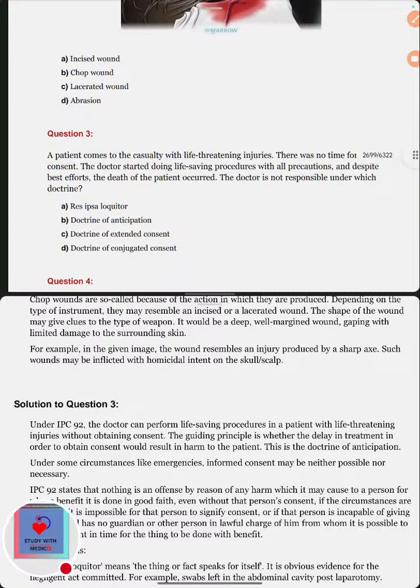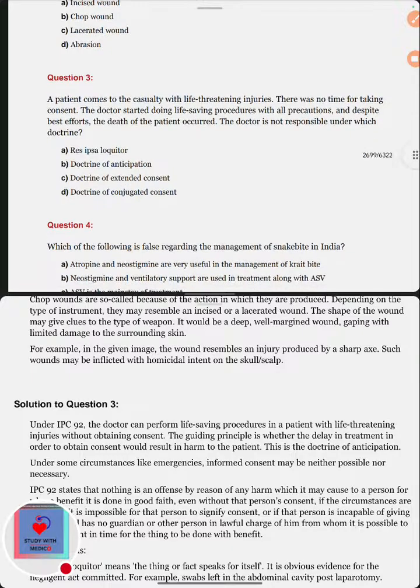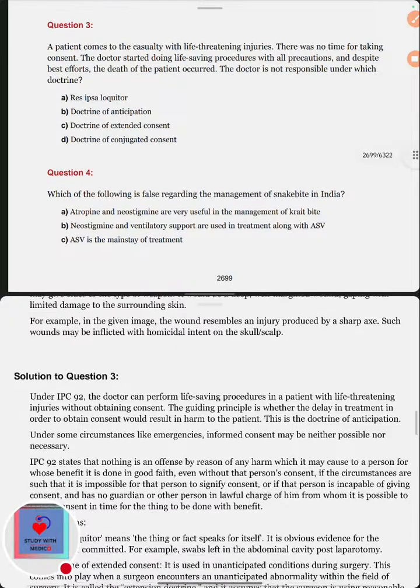A patient comes to the casualty with life-threatening injuries. There was no time for taking consent. The doctor started doing life-saving procedures, and despite best efforts, the death of the patient occurred. Under which doctrine?